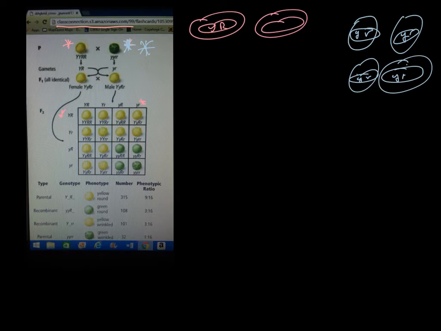This parental generation is all big Y, big R. They can only give one possible gene combination because that's what they have: one big Y, one big R in each of their gametes.